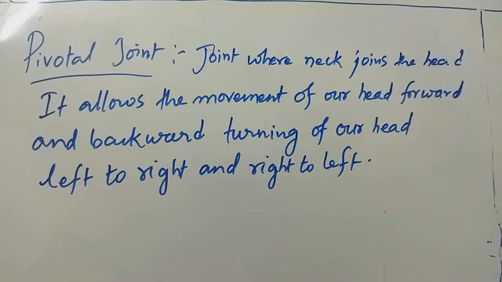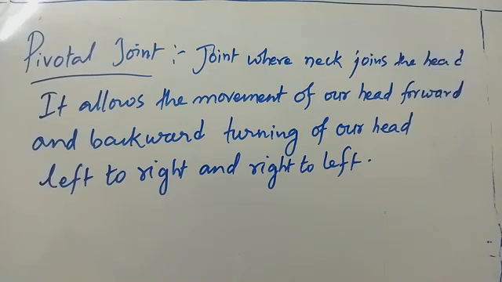So with ball and socket joint, complete circular motion of a hand or leg is possible, whereas with pivotal joint, left to right and right to left movement is possible, but complete circular motion is not, right?